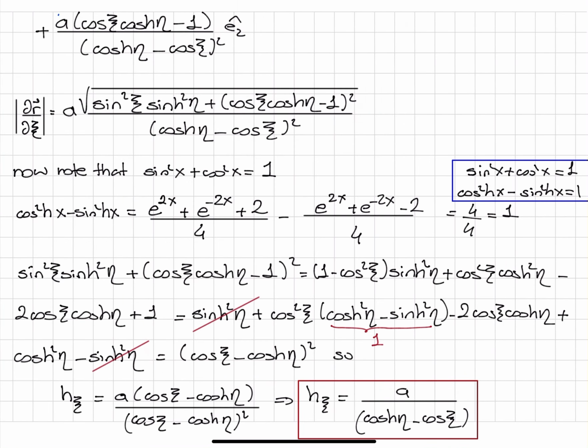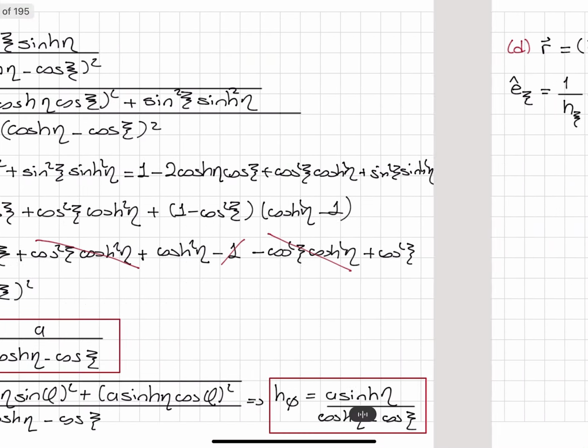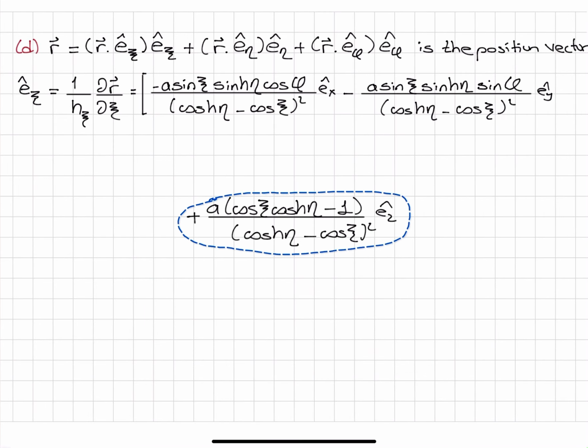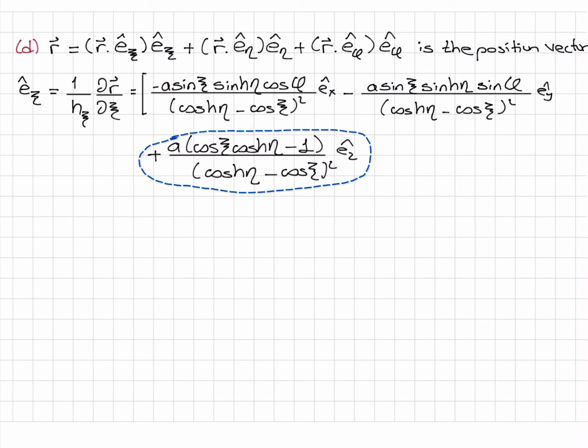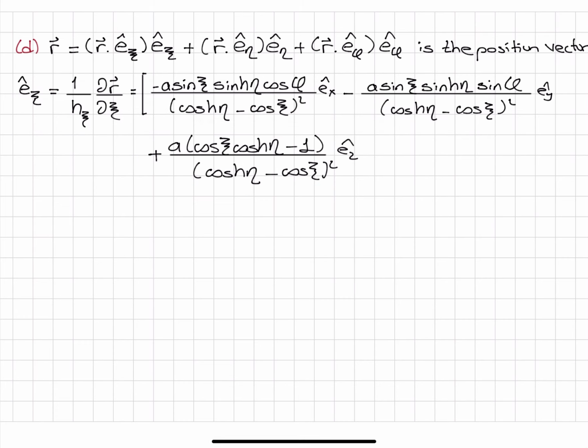So we can copy this as well. So this is our z component. And this will be multiplied by 1 over h psi, which is cosine hyperbolic eta minus cosine psi divided by A. All right, so this will give us the unit vector xi hat.